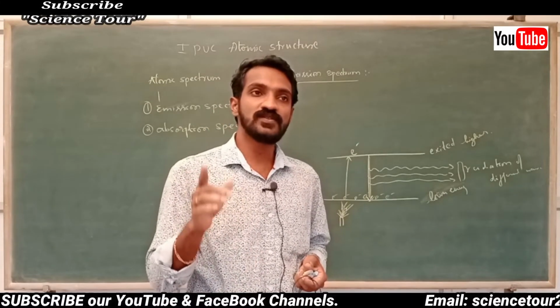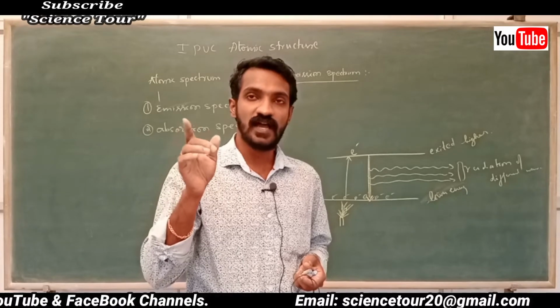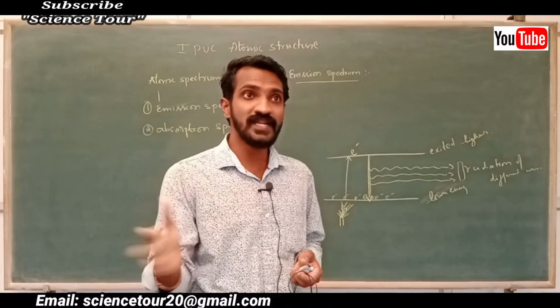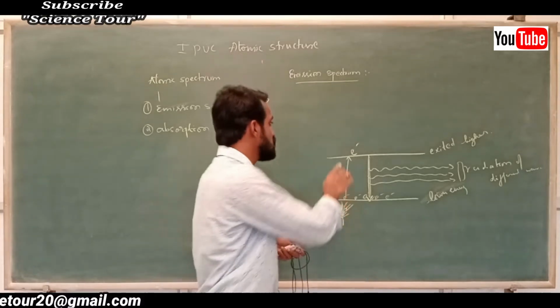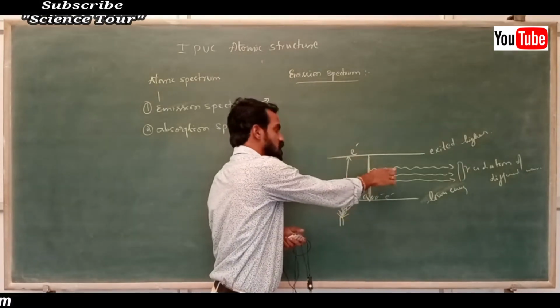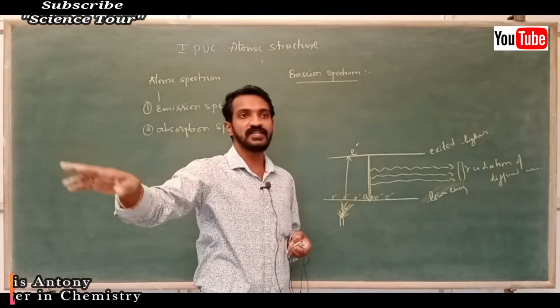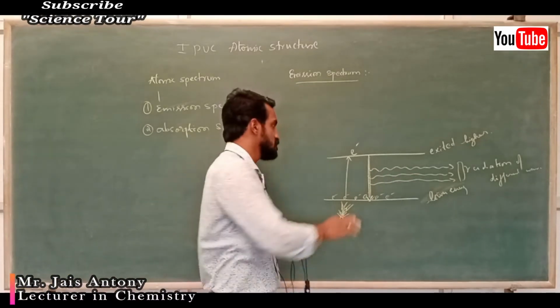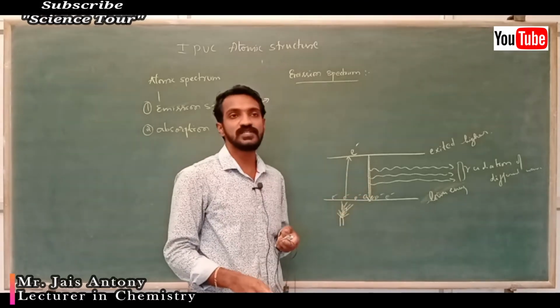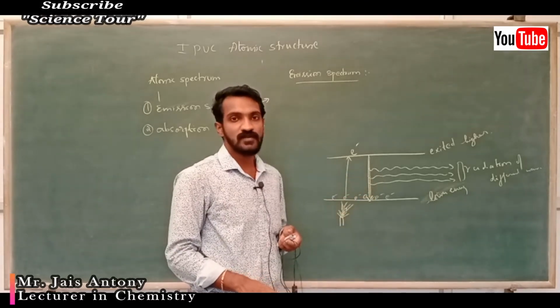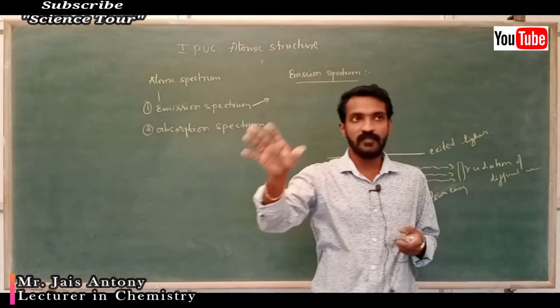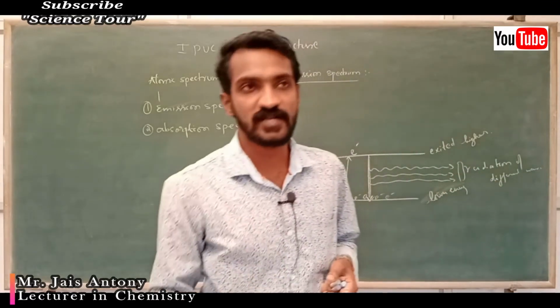An electron in a higher energy level always has a tendency to come back to the original level by emitting radiation. So what it absorbed, it emits in the form of light radiation of different wavelengths, and it comes back to the original position. Arranging this emitted radiation in a pattern is called the emission spectrum.